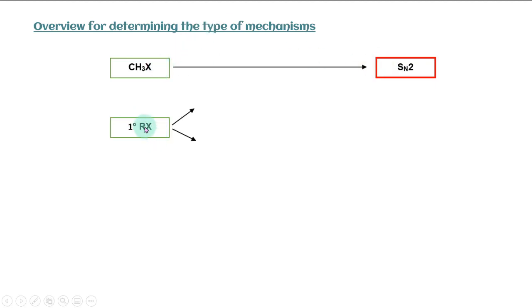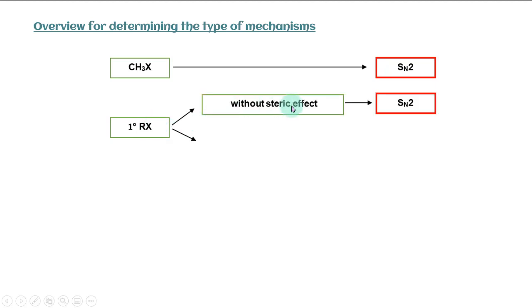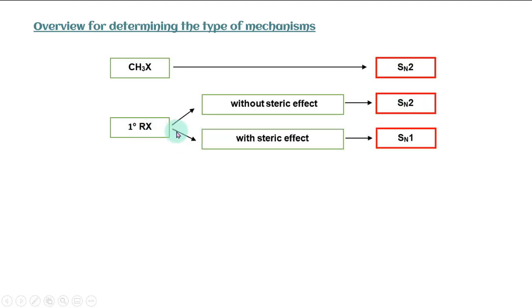If you have a primary haloalkane, you need to consider whether there is any steric effect. If there is no steric effect, backside attack is possible, therefore it will proceed via SN2 mechanism. But if the primary haloalkane has steric hindrance, backside attack is impossible. Therefore, we need to do rearrangement to proceed via SN1 mechanism.